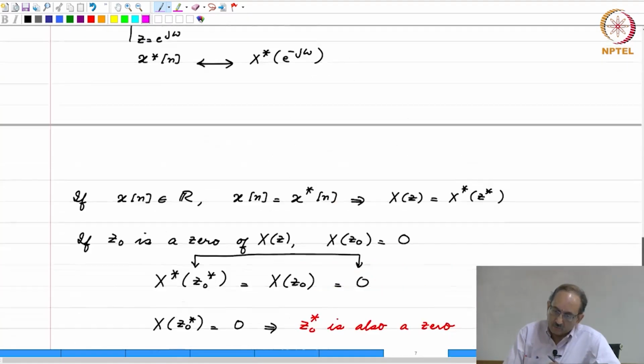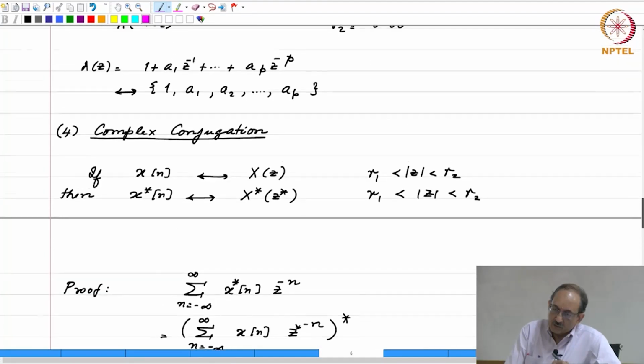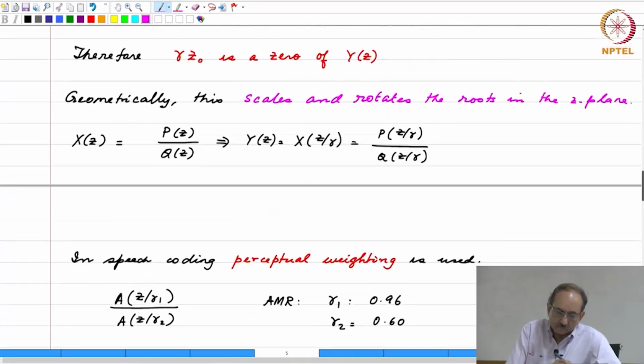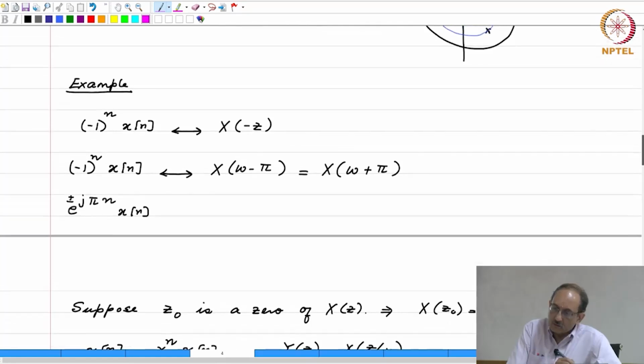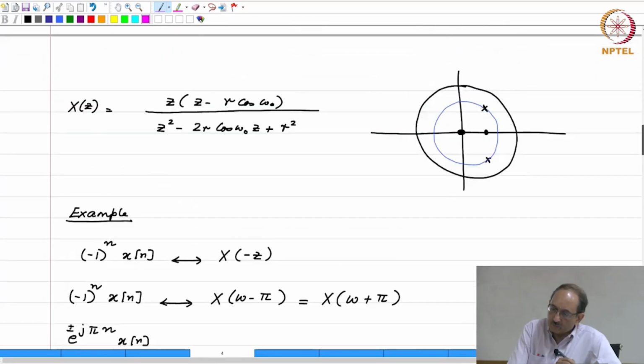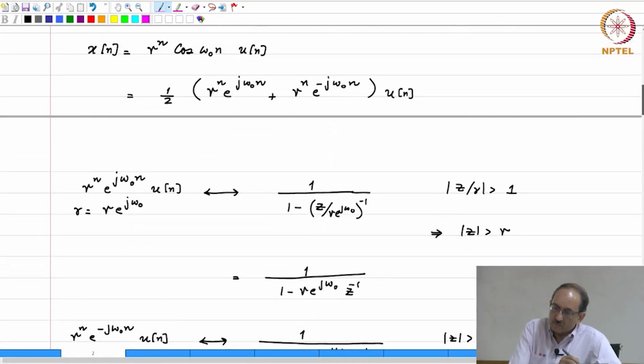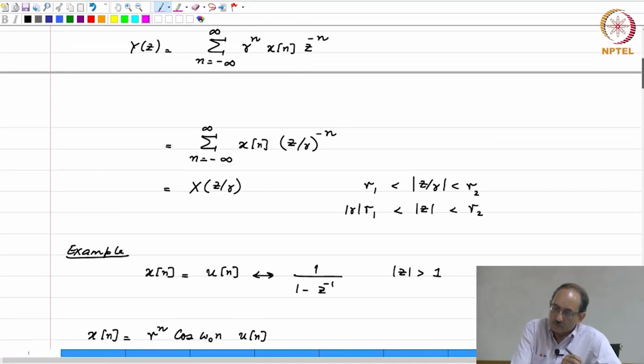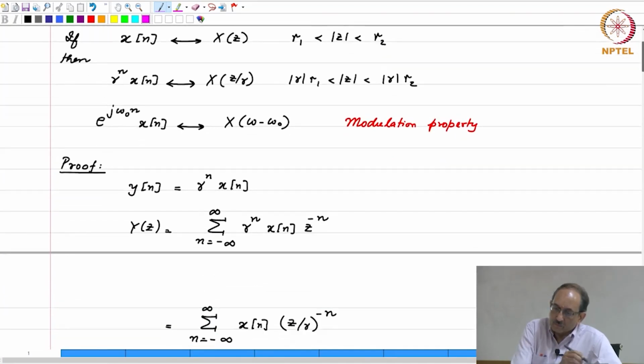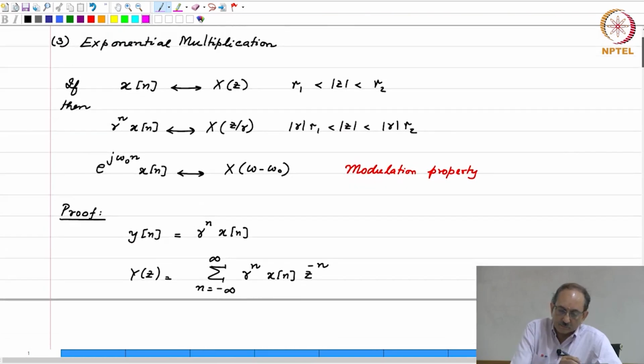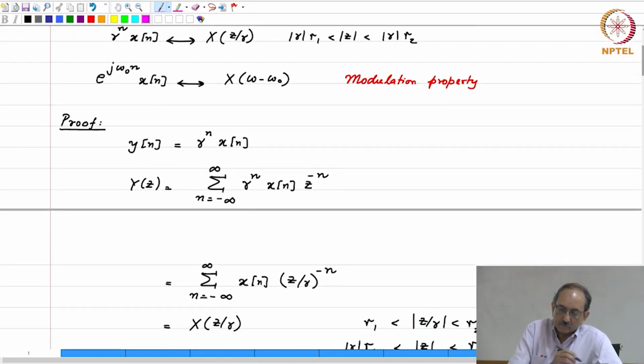One thing about this exponentiation, the modulation example I had shown here, typically this is given by this block diagram.